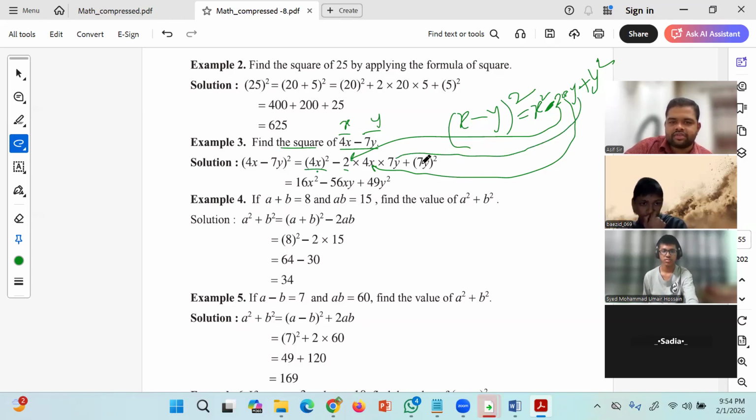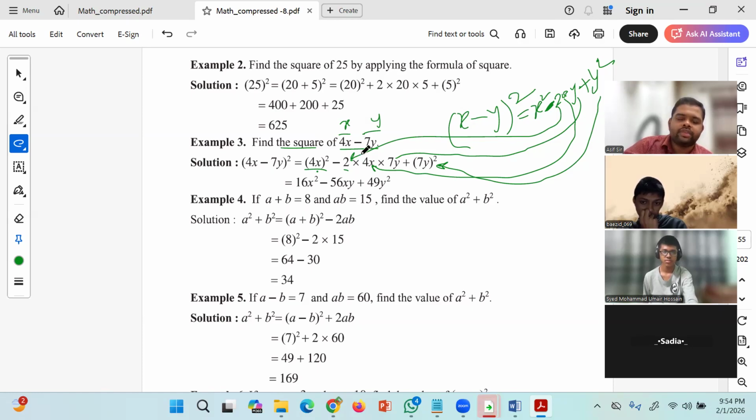And the last one, y square from the formula, so we can write 7y whole square. So this is the formula. There is just one difference: instead of plus, we are using minus here, because in the given problem they used minus. So we have to use the x minus y whole square formula.